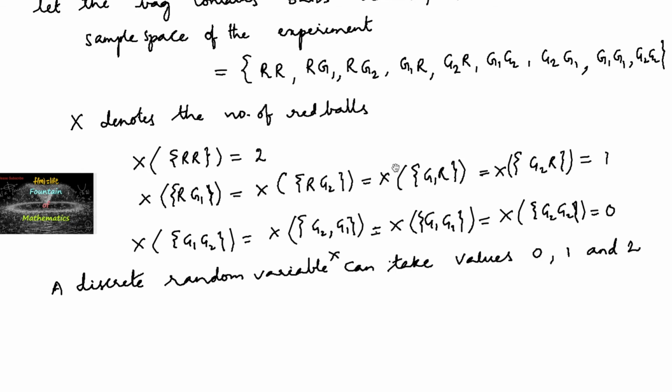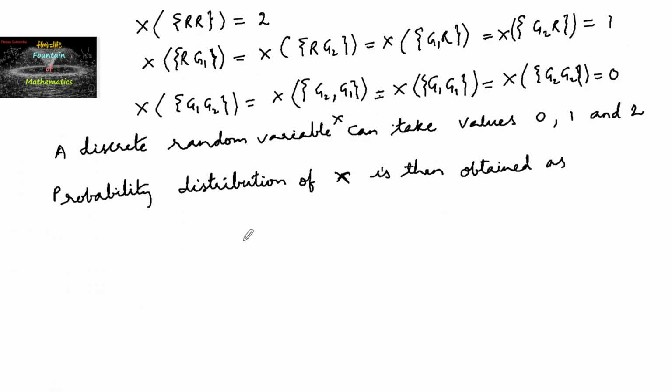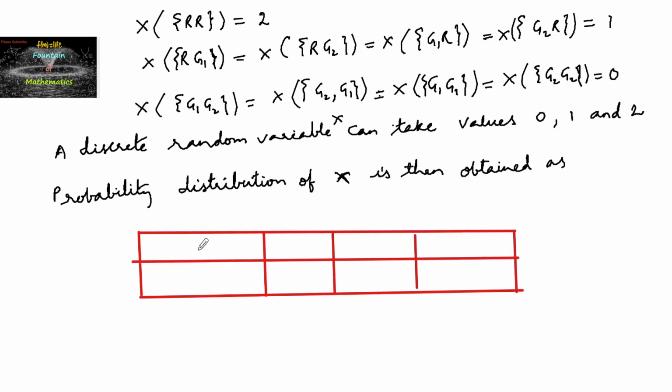So let's take the probability distribution table now. For X, let us consider the observations. The values are 0, 1 and 2, and let us take the probabilities at X equal to each observation.